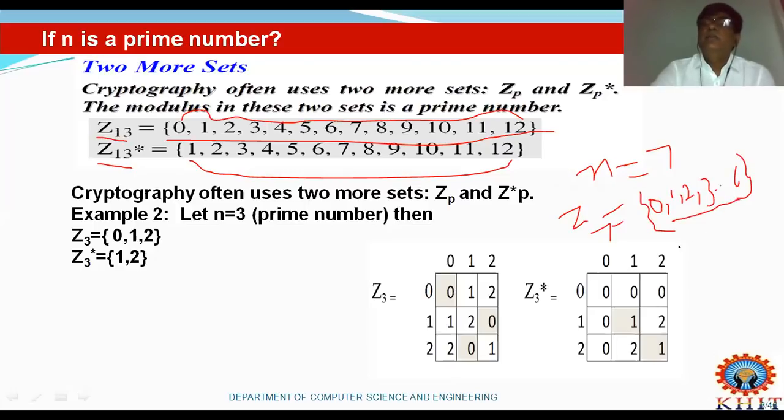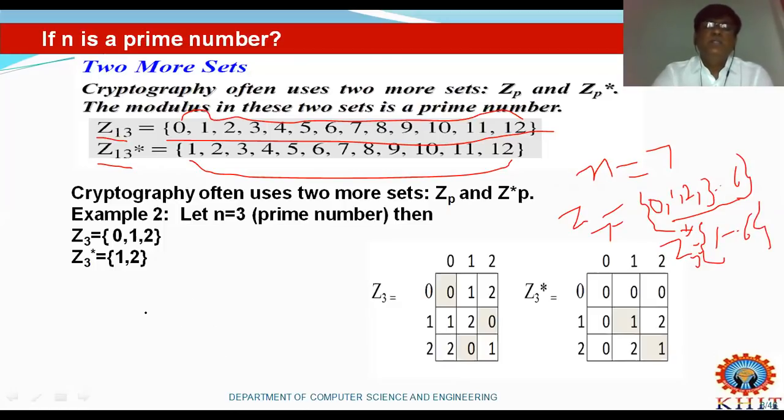But Z7 star has multiplicative inverses from 1 to 6. From 1 to 6, every number has a multiplicative inverse.